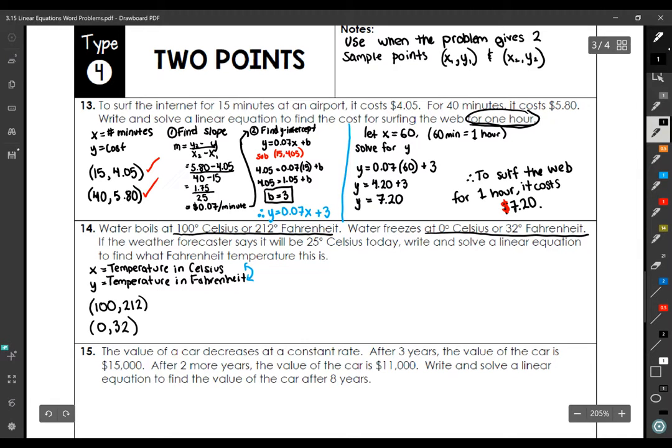Step 1 is to find the slope using our two data points.